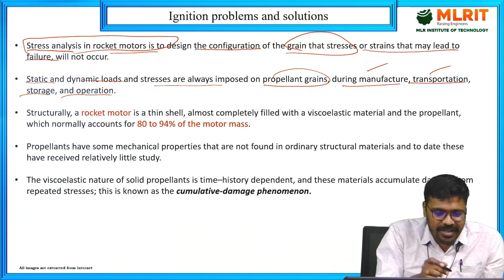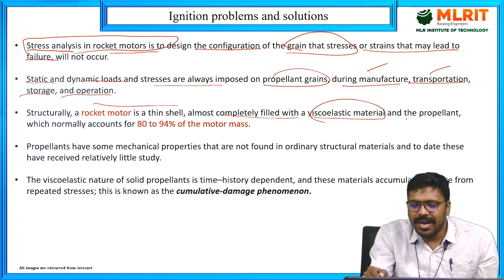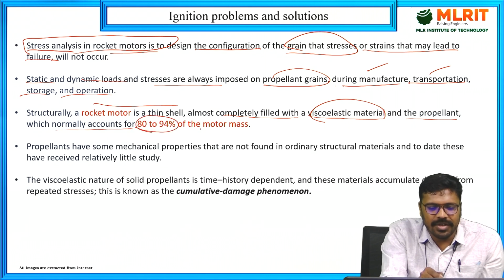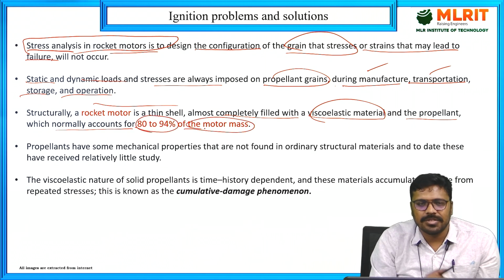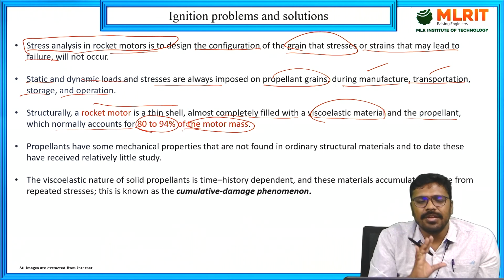Structurally, a rocket motor is a thin shell almost completely filled with a viscoelastic material, the propellant, which normally accounts for 80 to 94% of the motor mass. So 80 to 94% of the motor mass is occupied by the propellant itself.